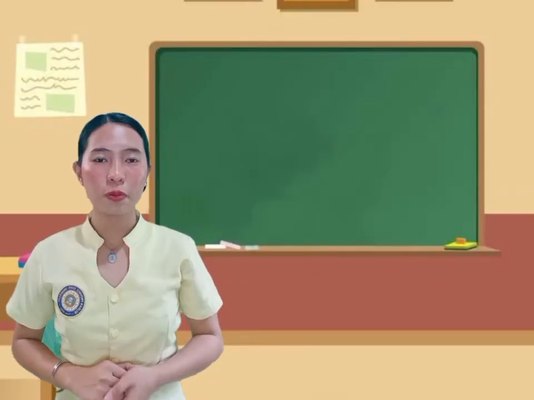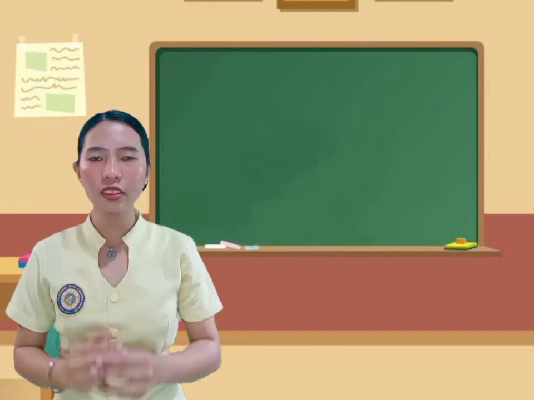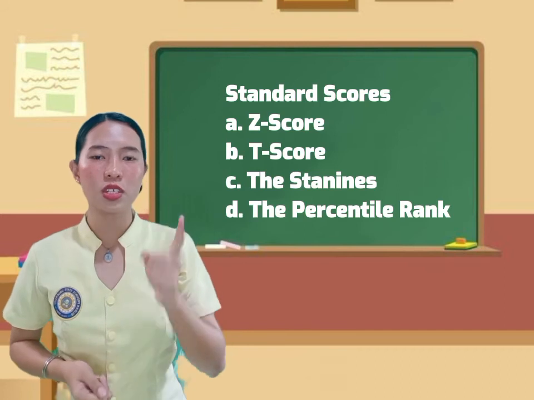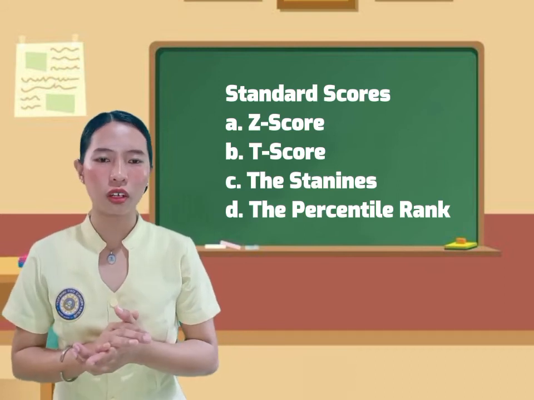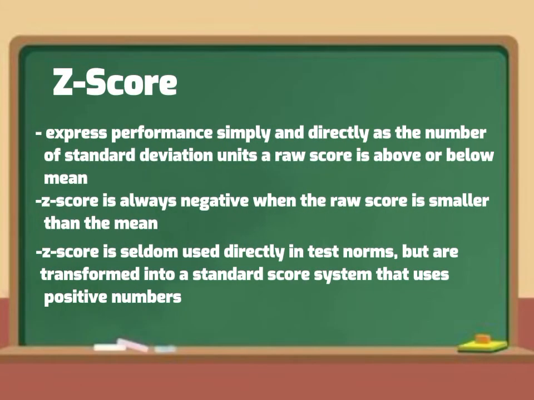Aside from the measures of central tendency and variability, here is another group of standard scores that can be used in assessment. These are the z-scores, T-scores, the stanines, and the percentile rank. Z-score. Z-score expresses test performance simply and directly as the number of standard deviation units a raw score is above or below the mean.